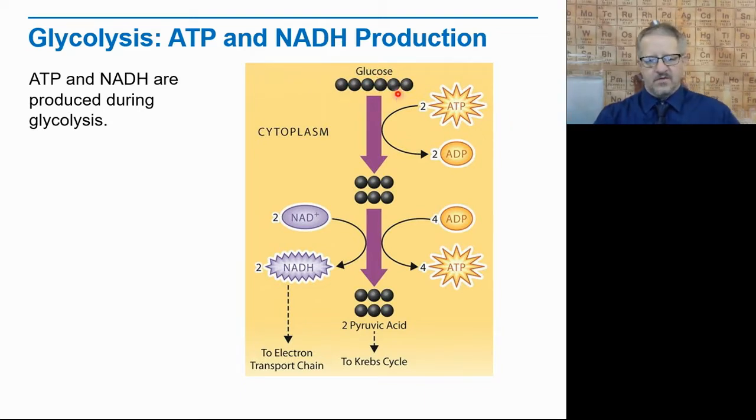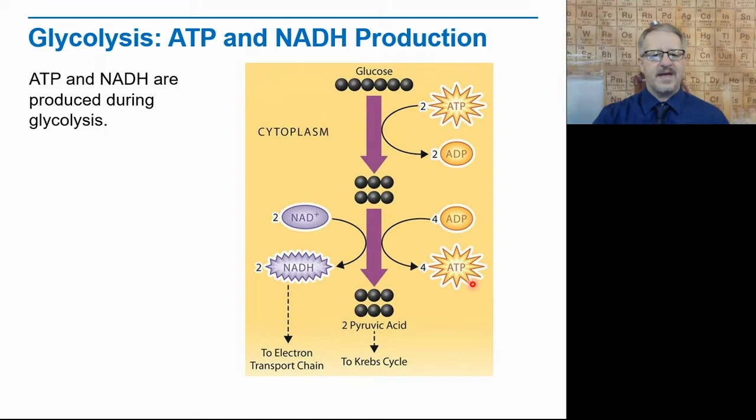All right, so we've got glucose up here at the top. We've got the pyruvic acids here in the middle. Okay, we have an input of 2 ATP and an output of ADP. That means that it actually took some energy for the glucose to get split into pyruvic acids, but also some energy is released, and that converts some ADP into ATP.